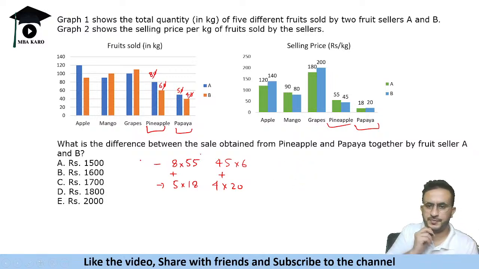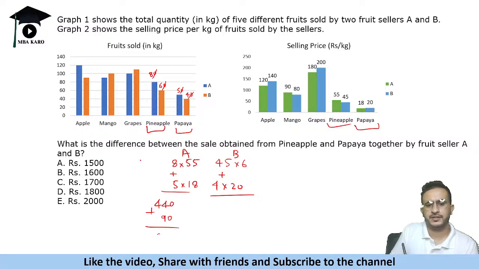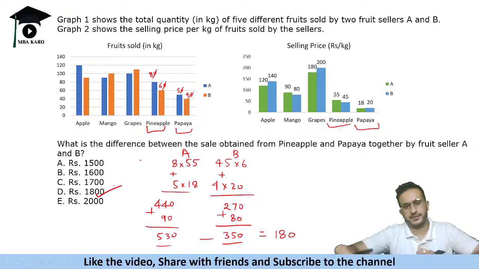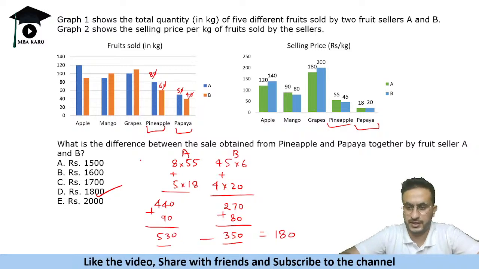Difference between sale obtained from pineapple and papaya together by seller A and B. So this is for A and this is for B. Okay, so 440 plus 90, 270 plus 350. Subtract कर लो 180, so that has to be 1800 because we ignored one zero in the calculations.